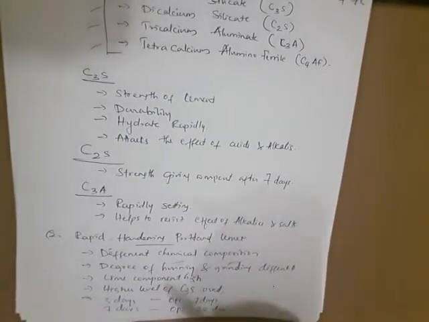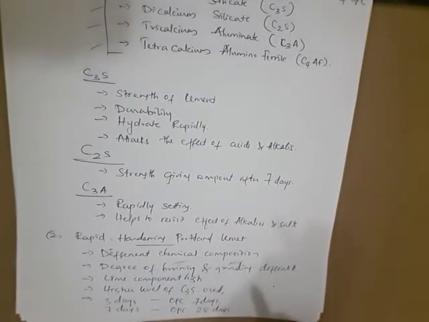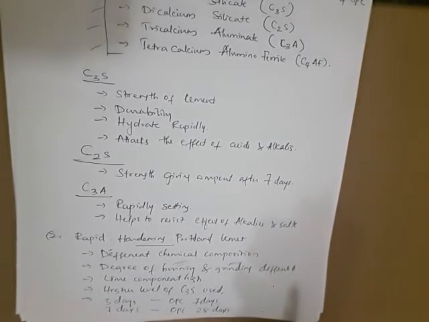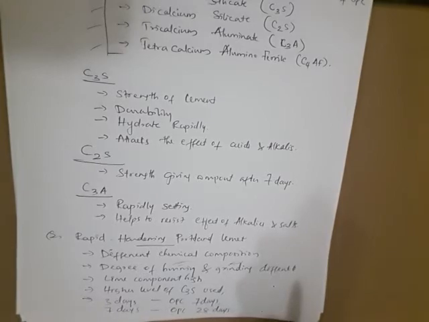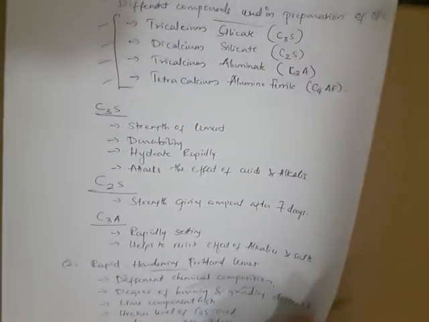By using this type of cement, we can remove the shuttering very rapidly, and we can reduce the cost of the formwork and shuttering, and this will give a satisfactory condition on frost effects. I believe you get this.